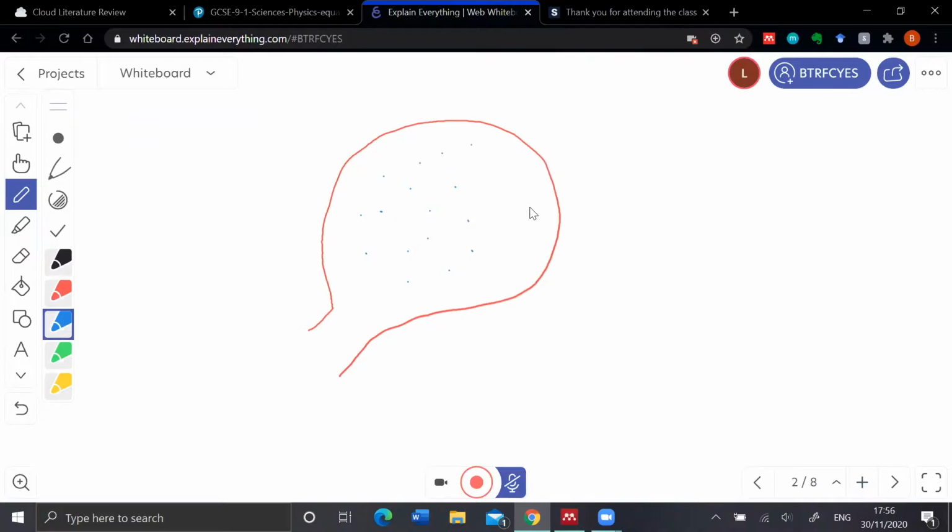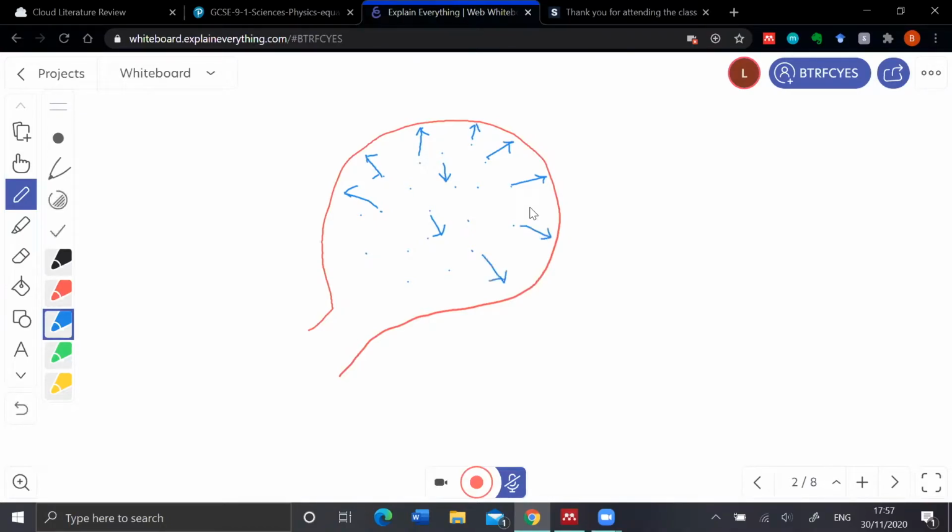These particles are moving in random directions, because anything that has a temperature above absolute 0 is moving. The gas particles move around and collide with the walls of the balloon.